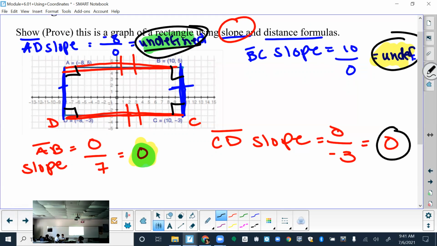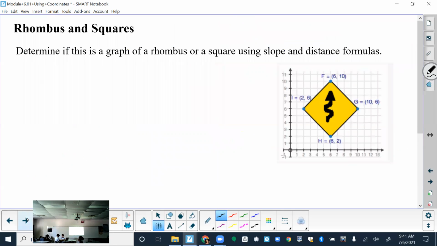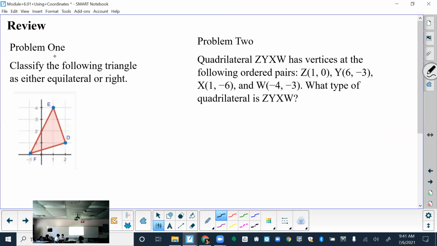So we're going to look at the bottom of page 7. Problem 1, classify the following triangle as either equilateral or right triangle. I know this isn't a drawing that's to scale, but just looking at it, what do you think it will most likely be?